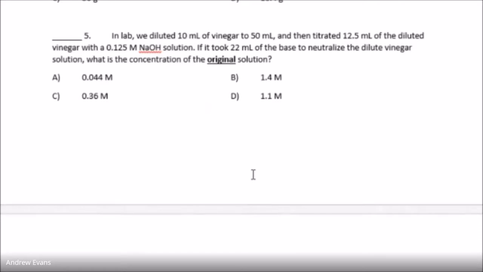I'm writing down these little facts so that I don't have to be jumping back and forth. Okay.